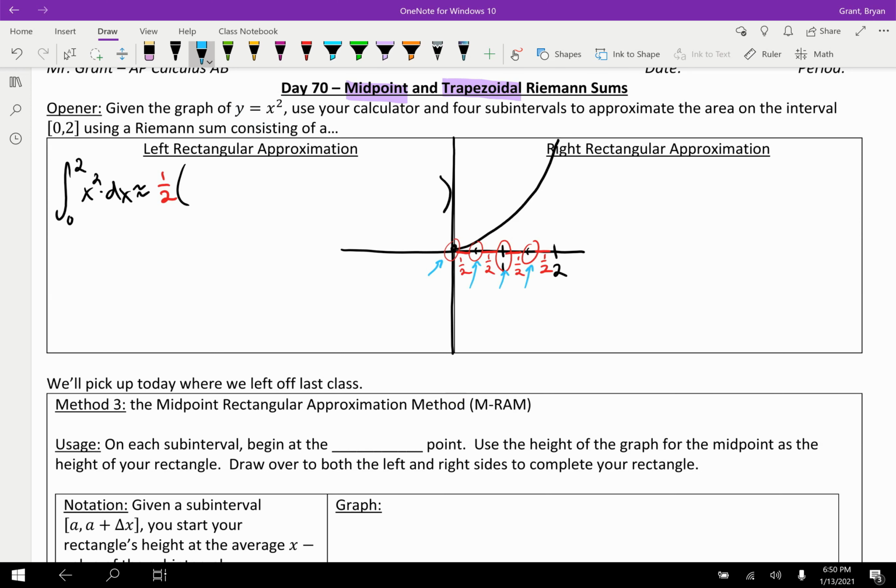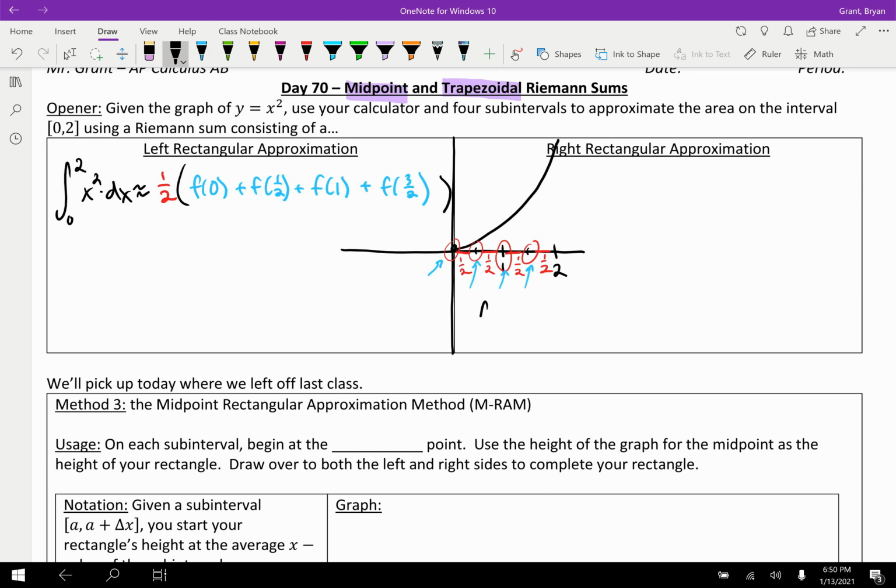So we'll start with the left endpoint, f of 0, and then the next is f of 1/2, the third is f of 1, and the last is f of 3/2. Notice we're adding 1/2 each time, and we stop 1/2 short of 2. Great. Now I did say you could use your calculator, so let's use it to make this a little easier. However, before we do that, we should go ahead and set up the right rectangular as well, just so it can go a little bit faster.